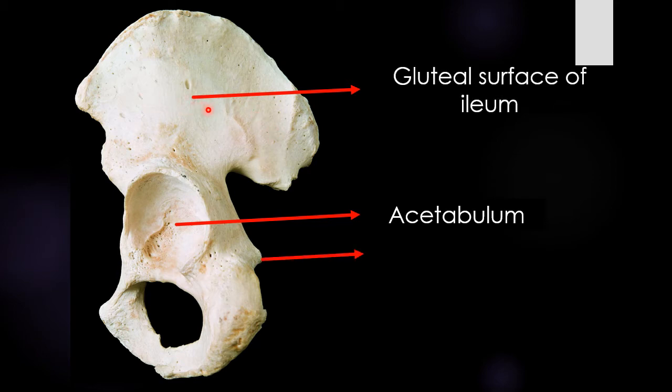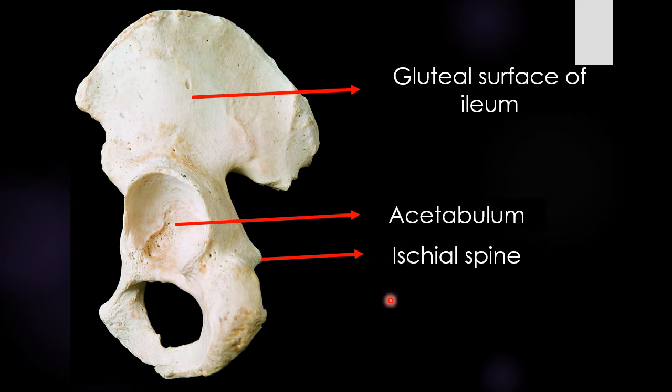Next, another bony feature they may ask about is the ischial spine. Below this is the greater sciatic notch, the notch present posterior inferior to the ilium. At the lower end of the greater sciatic notch, we can identify a spine projecting posteromedially, called the ischial spine.